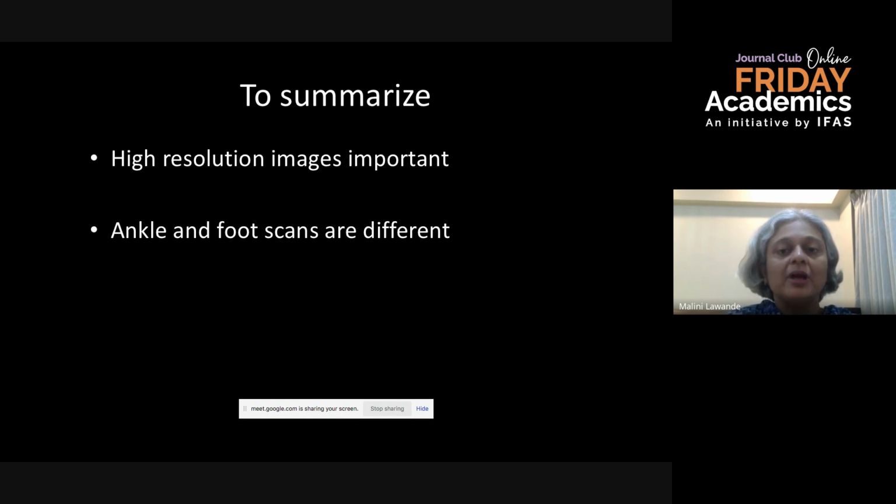We do start with a large field of view scan covering the entire foot with one STIR image to just have an overall view, what is happening, is there some other pathology somewhere else. But after that initial scan, we would like to reduce the field of view, look at specific structures in better detail, and choose the right sequences to be able to look at the pathologies better.